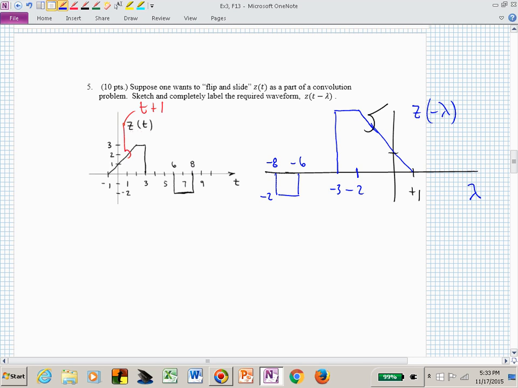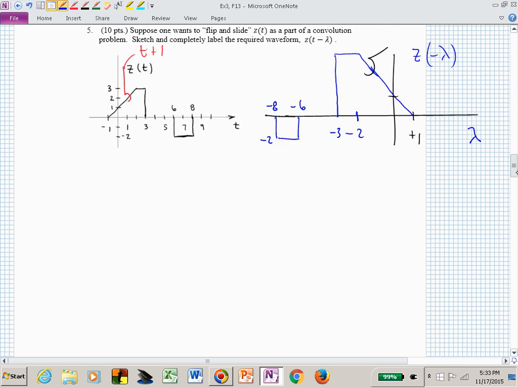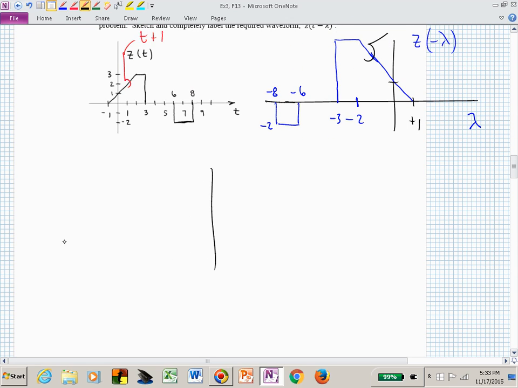And now we just want to put in this variable t in the z expression so that we can slide it from t equal -infinity all the way up to t equal +infinity. Which now says that we can redraw that with, let's say, t a little bit more negative. So this is now t plus 1. This is now t minus 2. And that's t minus 3. And this piece right here is where I need you to label that.